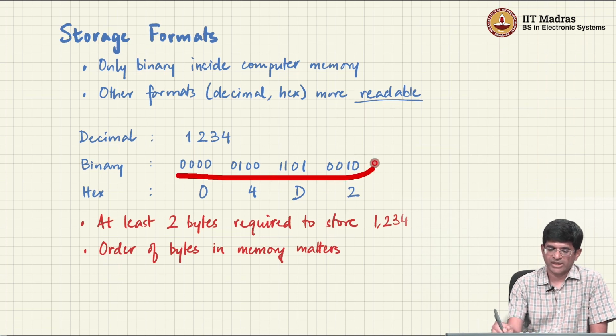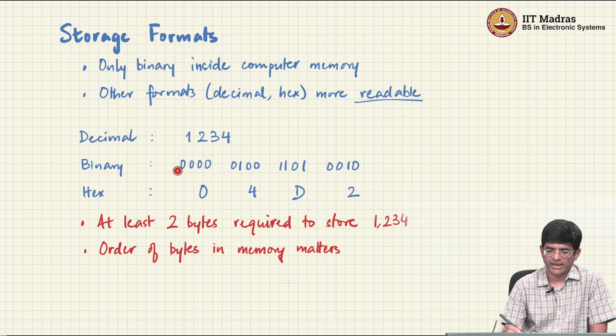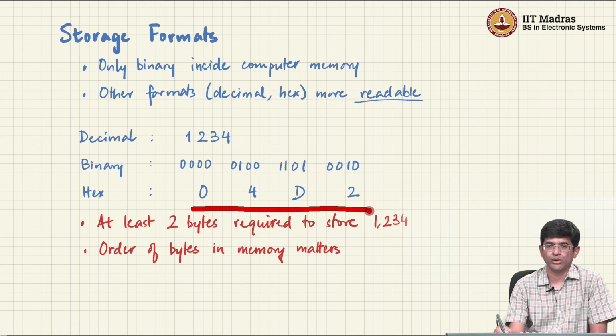So this binary value, whatever it was, which I am not going to try to read, can be very compactly and easily represented as 04D2 in hex, quite easy to read, pronounce, etc.